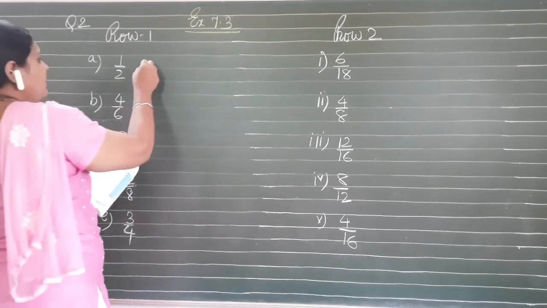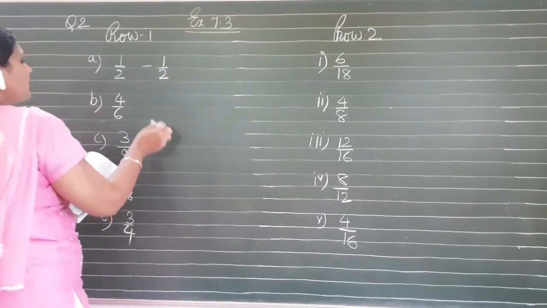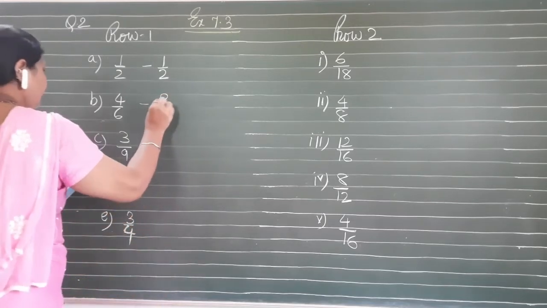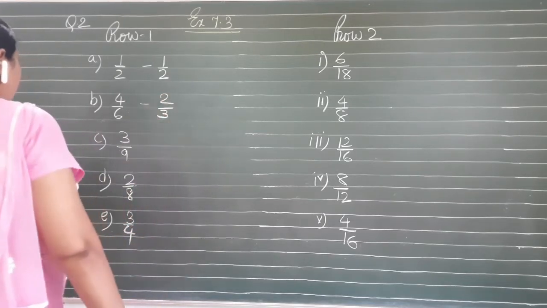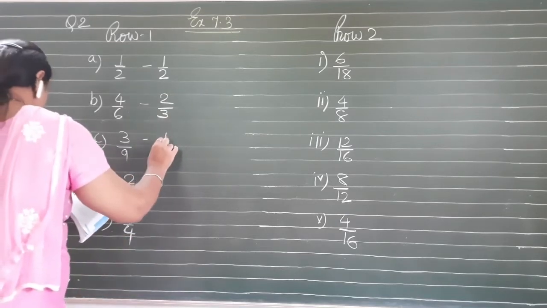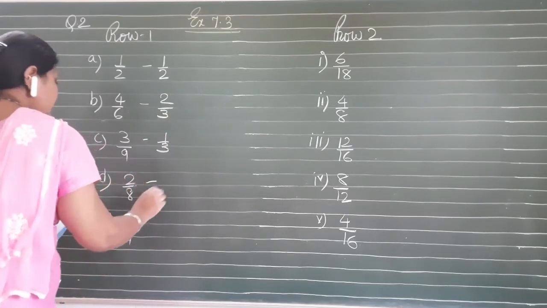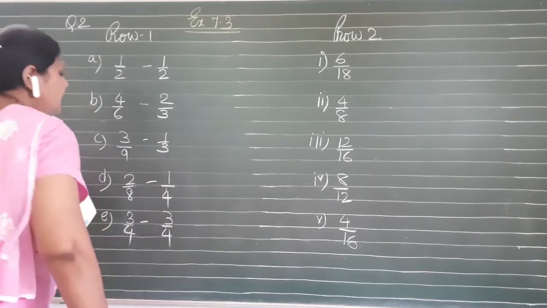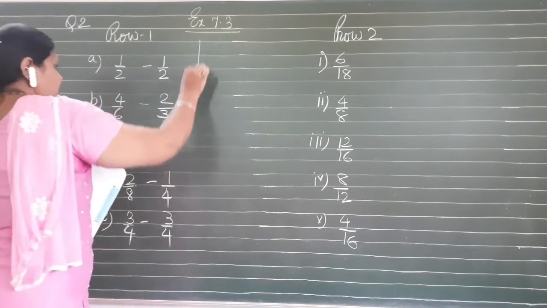So very first, 1 upon 2 is the same as 1 upon 2. 4 upon 6 is 2 upon 3. Here 1 upon 3. Here it's 1 upon 4. 3 upon 4 is the simplest form. Same.